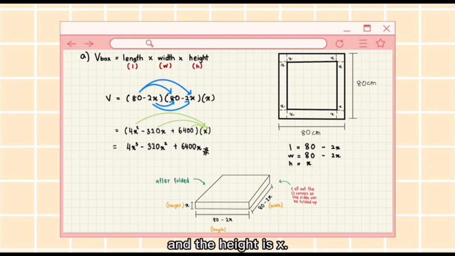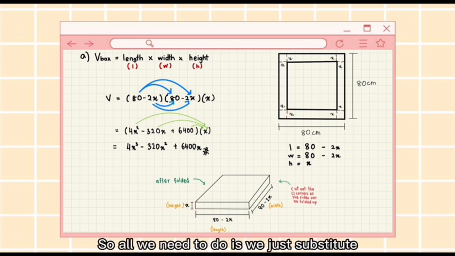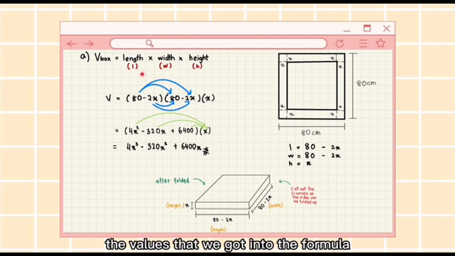And the height is x, because we already cut out the square corners, so when we fold it up, it will become x. So, all we need to do is substitute the values that we got into the formula, and we expand, and we will get the same answer.